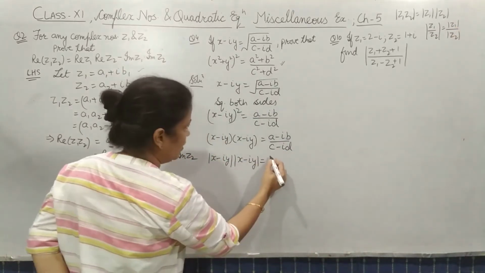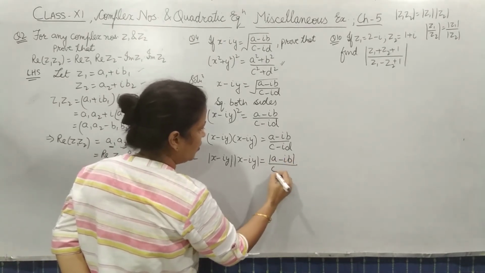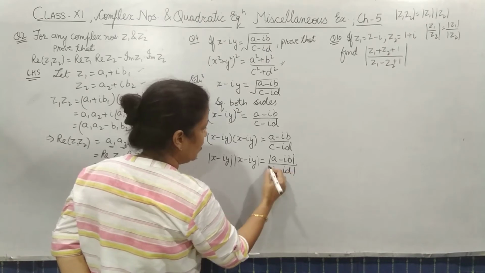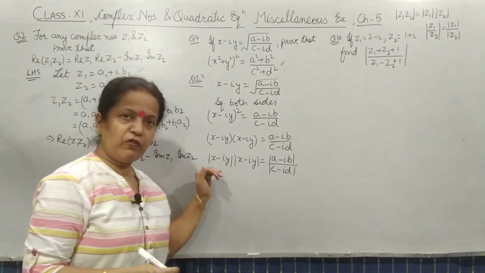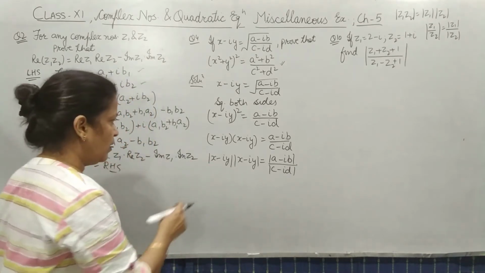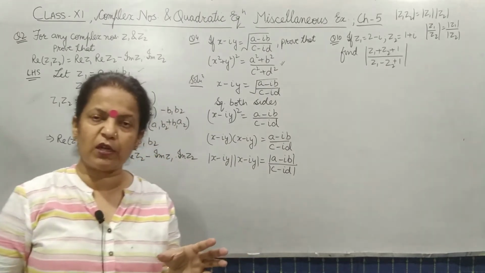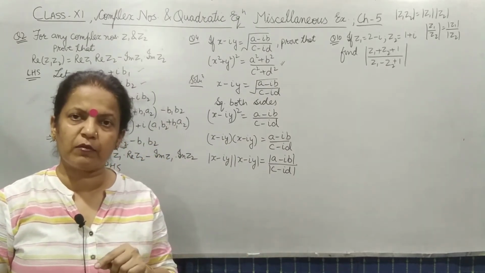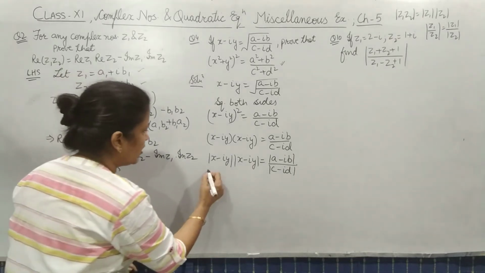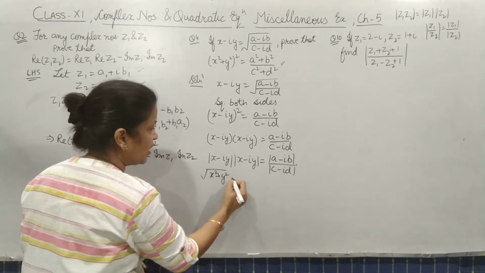So here it will be a minus iota b mod upon c minus iota d mod. Okay. Now you have to find out its modulus. So what is the modulus here? Modulus, if the complex number is a plus iota b, its modulus is a square plus b square, square root. So its modulus is x square plus y square, square root.